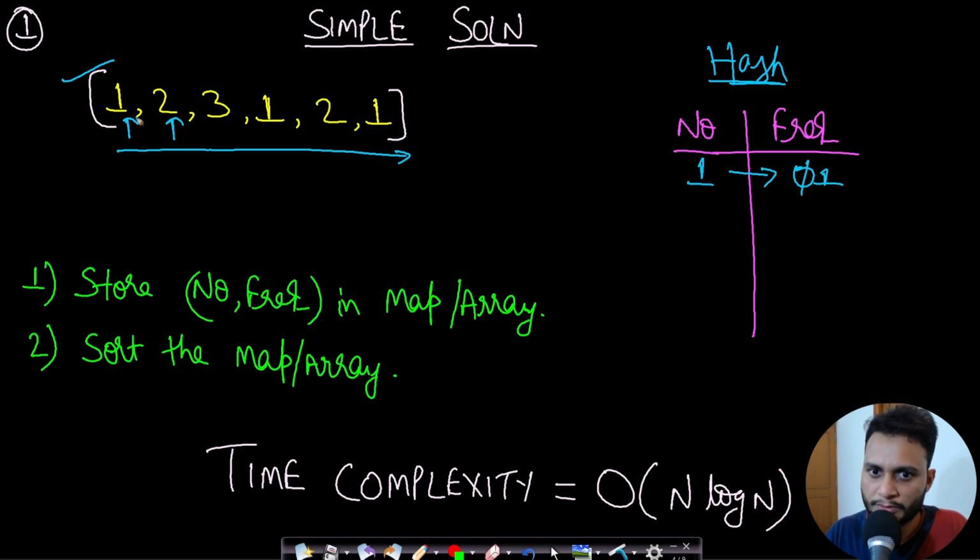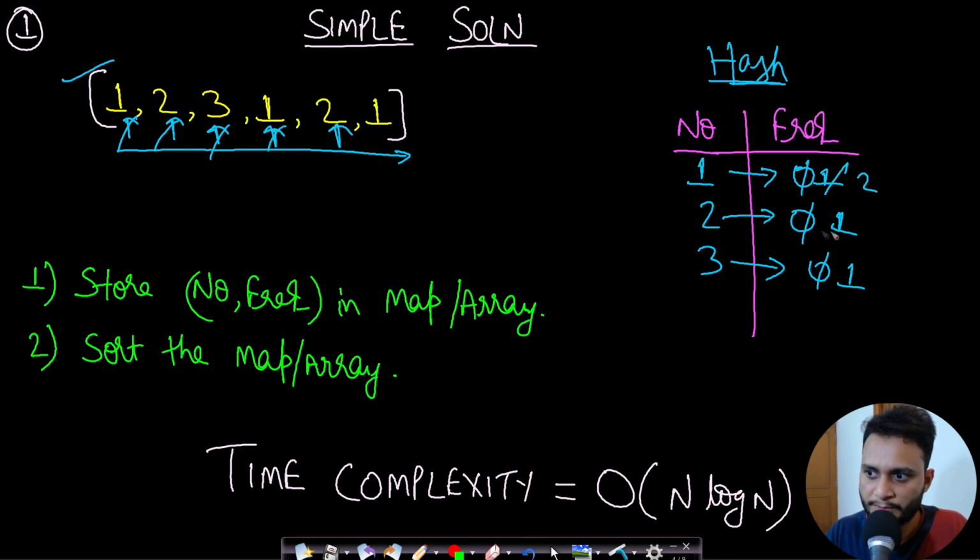When we reach 2, we include it with frequency 1. When we reach 3, we insert it with frequency 1. Again we reach 1. 1 is already present in the map, so we just increment its frequency. 2 is already present in the map, so we increase its frequency. 1 is also present, so we increase its frequency.